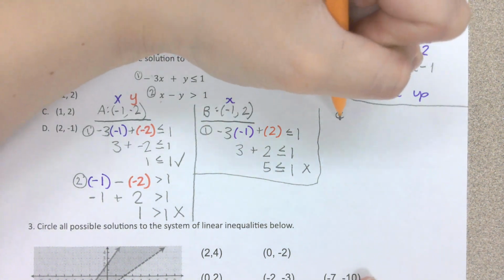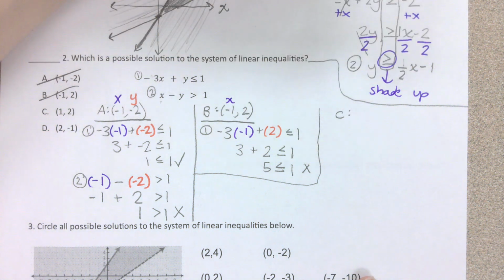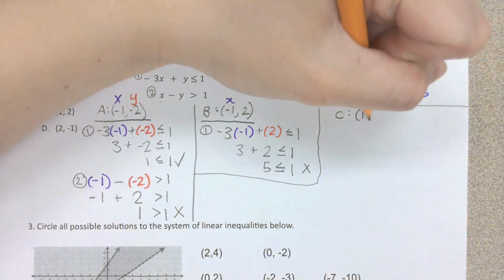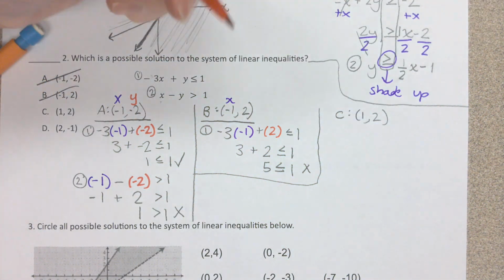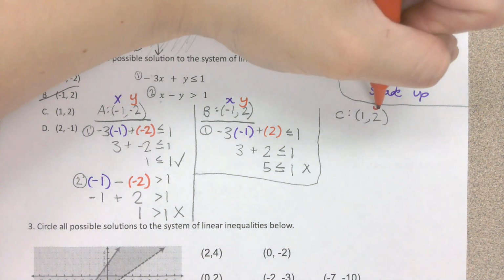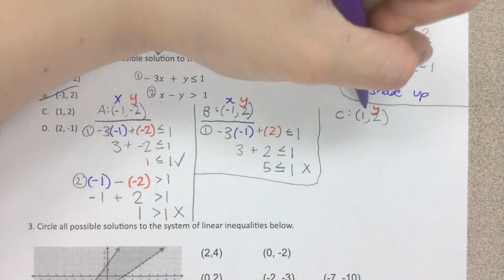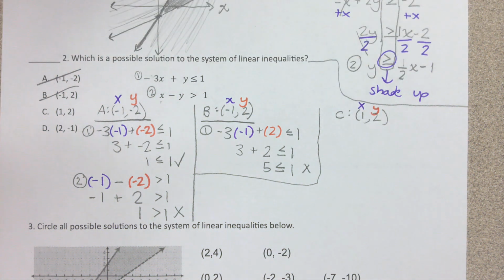All right, let's try C. Option C is 1, 2. So this time we have x is 1, y is 2.